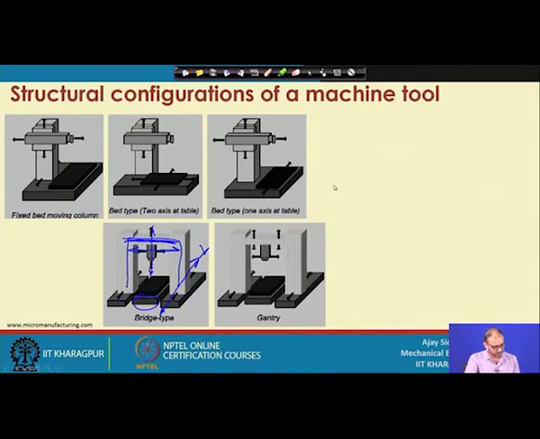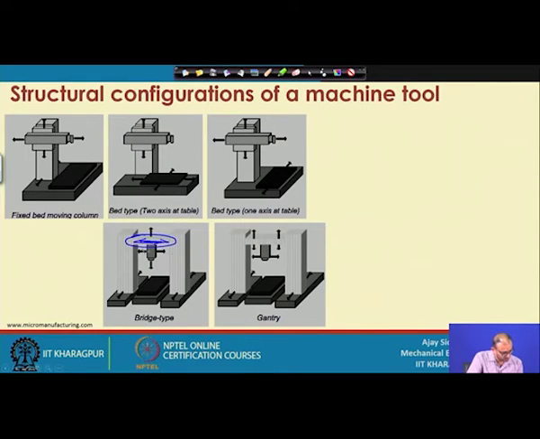And this one is the gantry type. Here still there is no movement on the workpiece side. It is almost the same, you can see that the y axis is the same as in the bridge type, but in the bridge type the bridge was moving, whereas here the bridge is the fixed one. That means there is no movement on the bridge, but your tool is moving on this bridge.